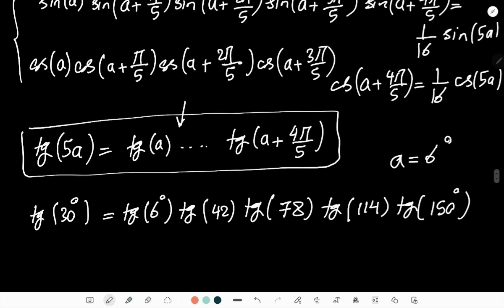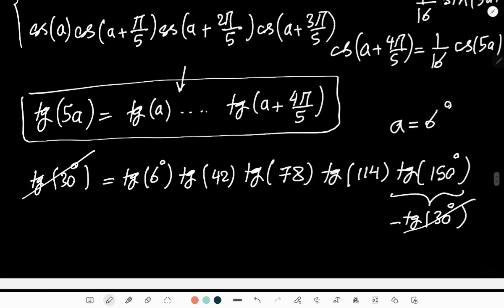But just pay attention that tangent of 150 is basically minus tangent of 30, okay? And we have here tangent of 30, so these guys cancel each other. I have only one minus, and by the way, this is nothing but minus tangent of 66, and these two minus also cancel out each other.